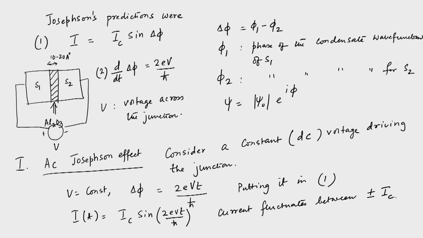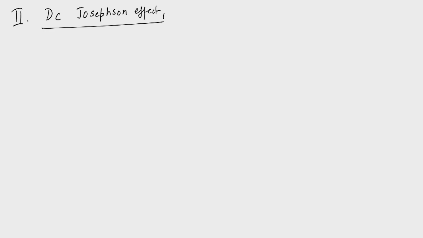Whereas, I told you that I c is the critical current which is defined for a given junction. Let us now talk about the DC Josephson effect. It is not always possible to keep the voltage across the junction constant.